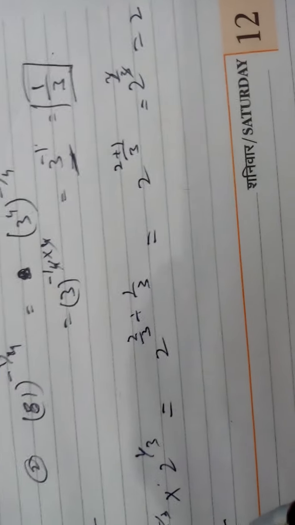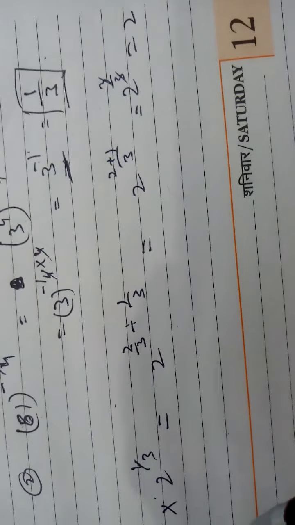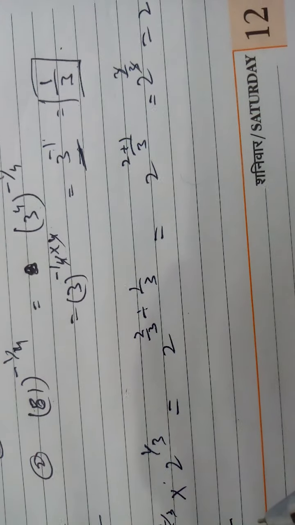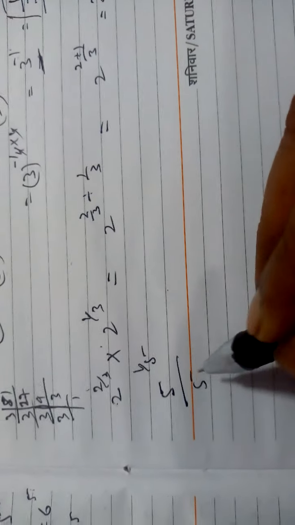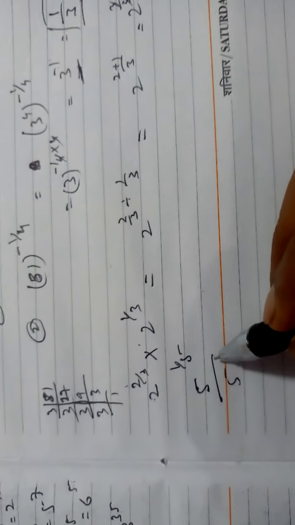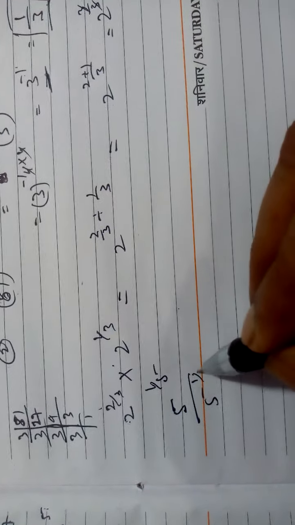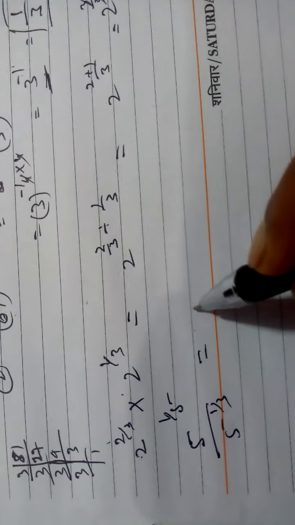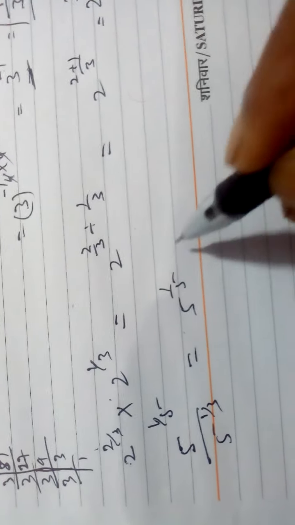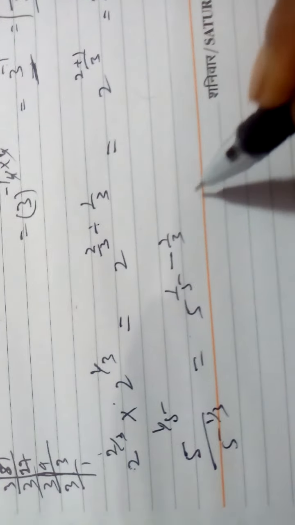Suppose another question is given: 5 power 1 by 5 upon 5 power 1 by 3. Simplify it, what will you get? Because the bases are equal, the powers will be subtracted.